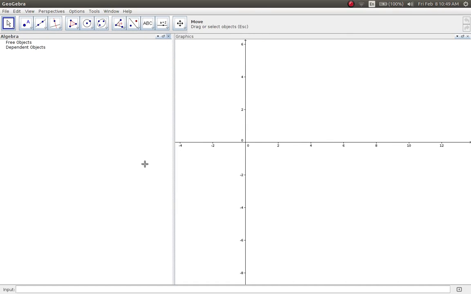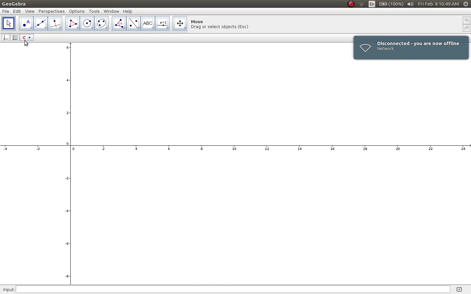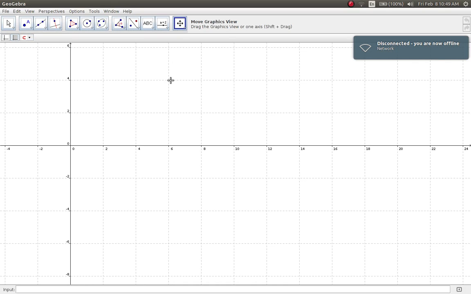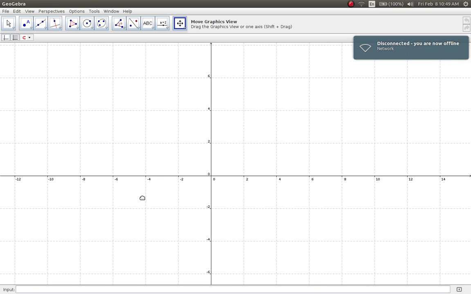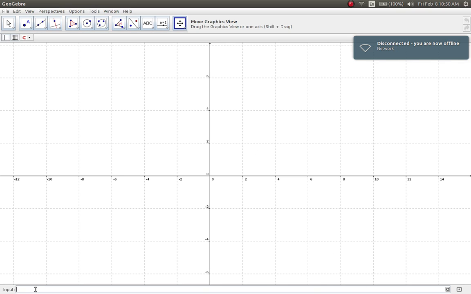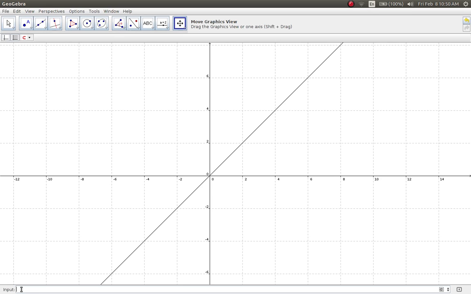Suppose I have a graph and it says I must plot y equals x. That's the line y equal x.